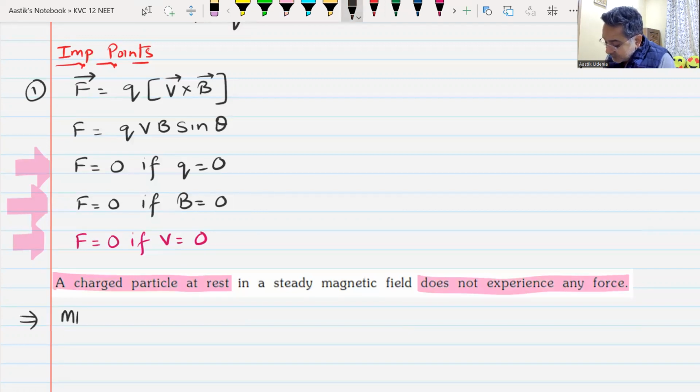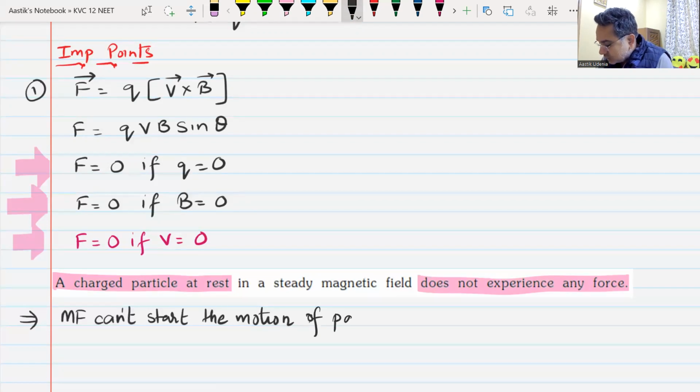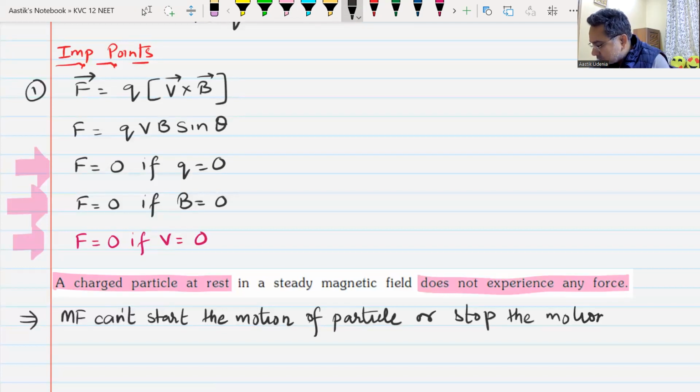That means magnetic field or magnetic force cannot start the motion of a particle or stop the motion of a particle.